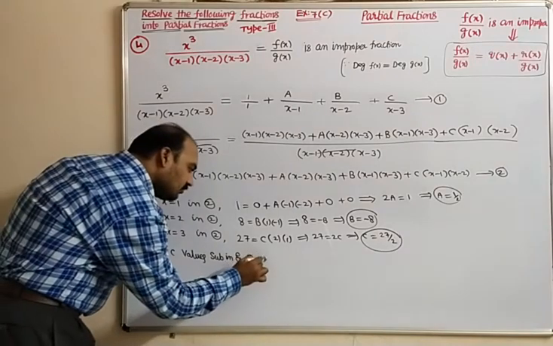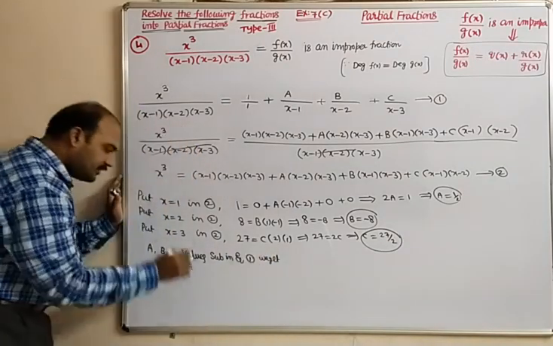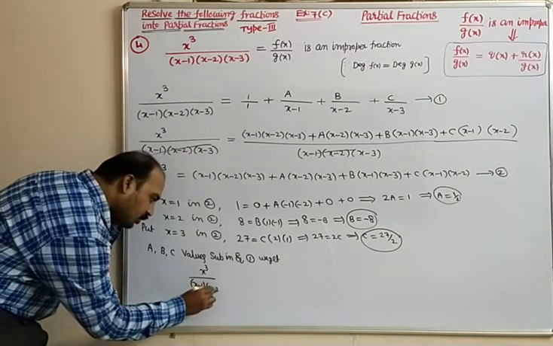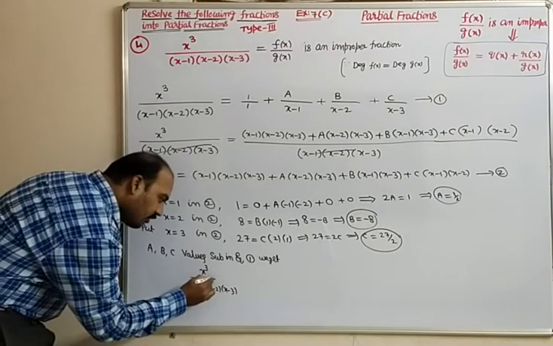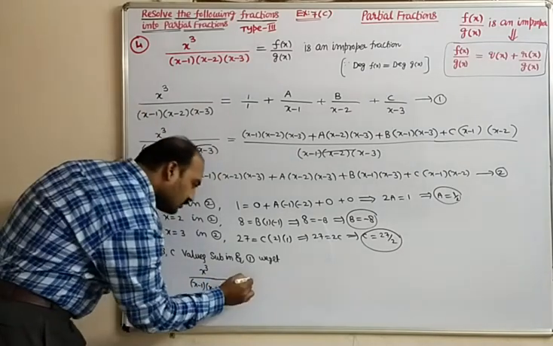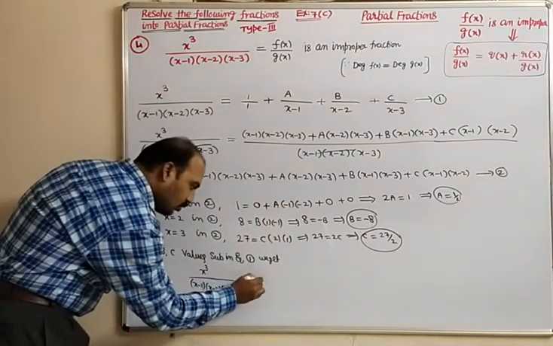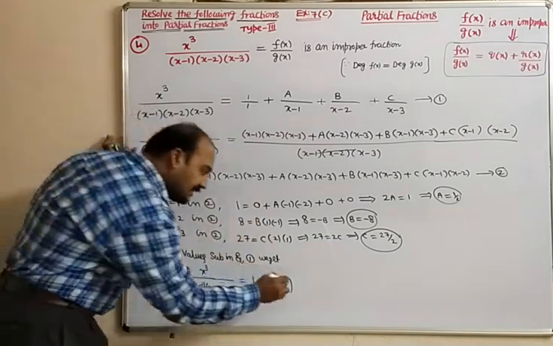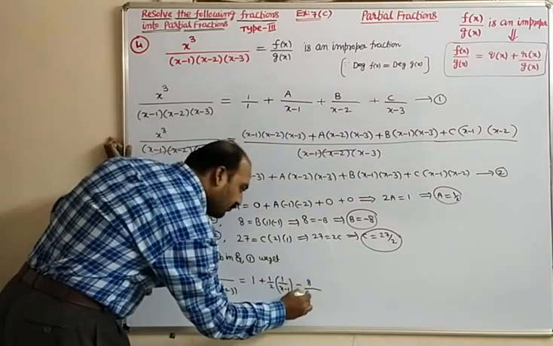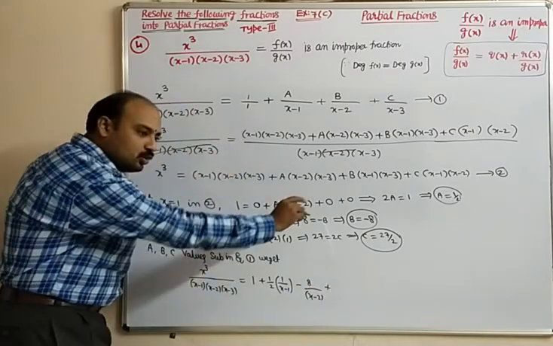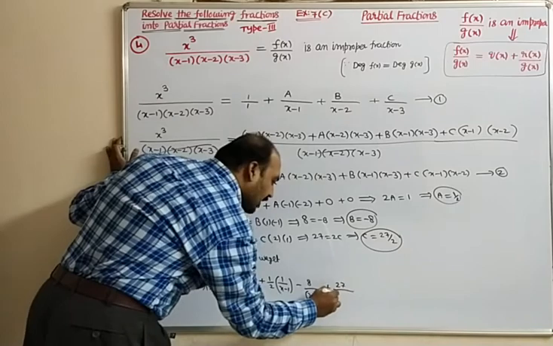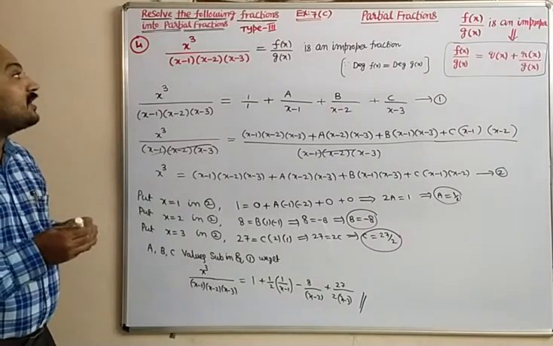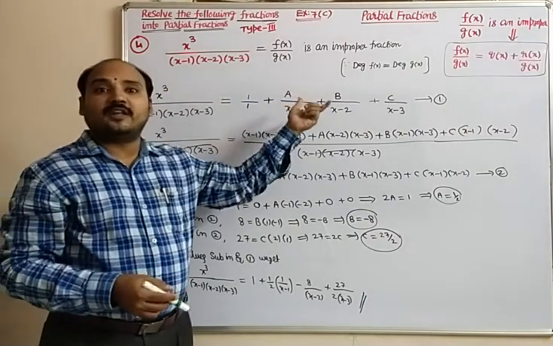We get x cube divided by (x minus 1)(x minus 2)(x minus 3) is equal to, A value is 1 by 2, so 1 by 2 into 1 by x minus 1. B value is minus 8, so minus 8 divided by x minus 2 plus C value 27 by 2 into 1 by x minus 3. This is the way you have to do it when it is an improper fraction of equal degree.